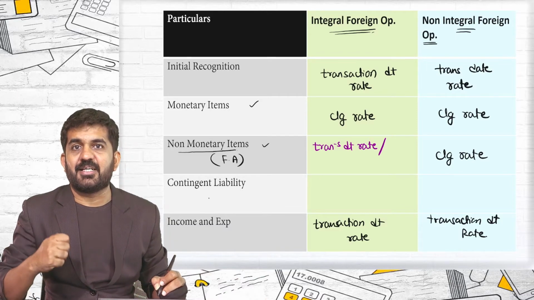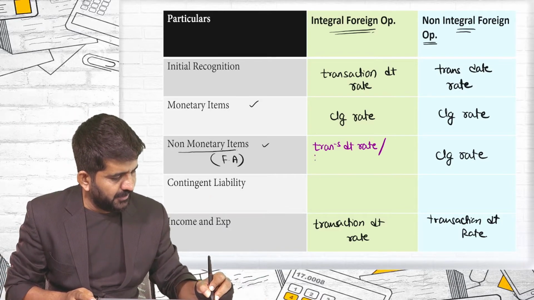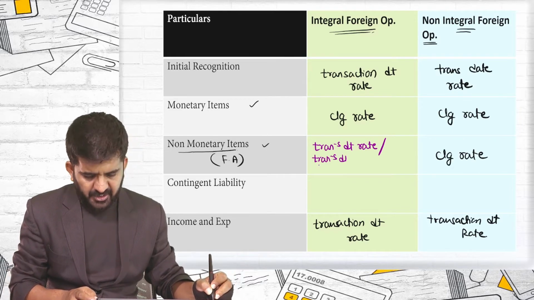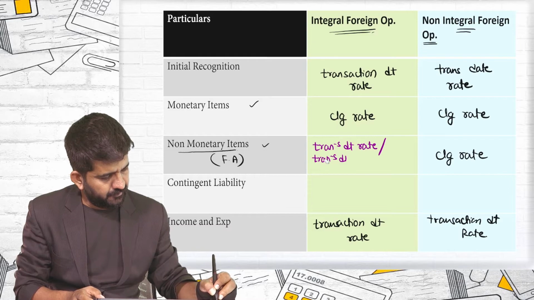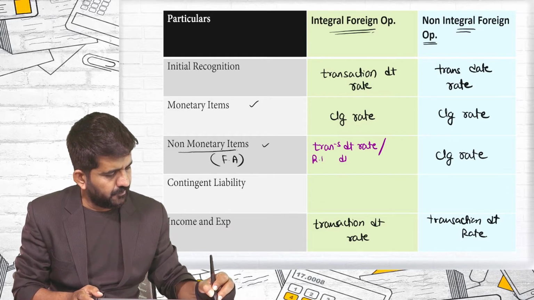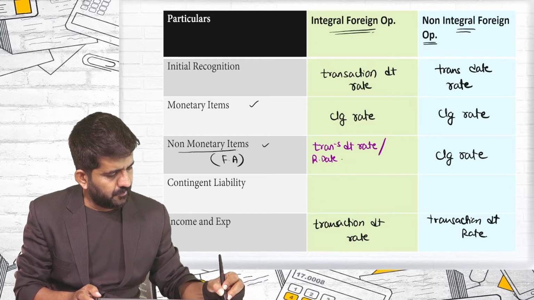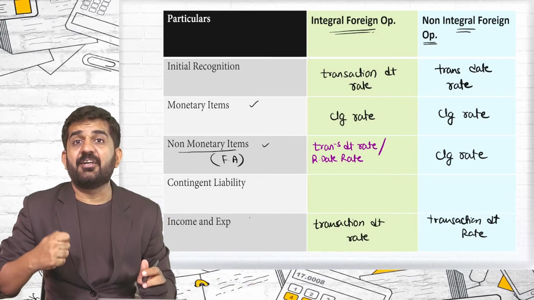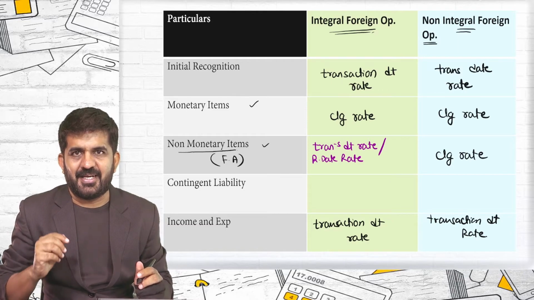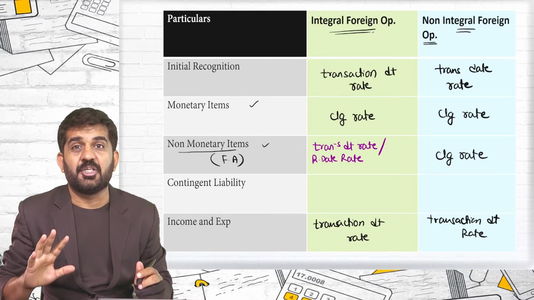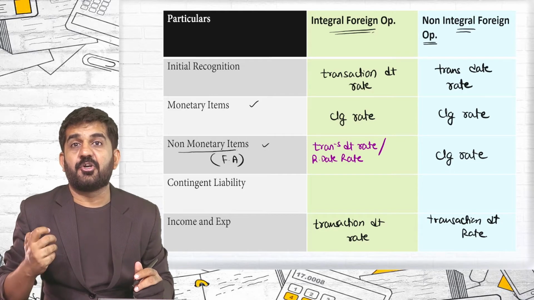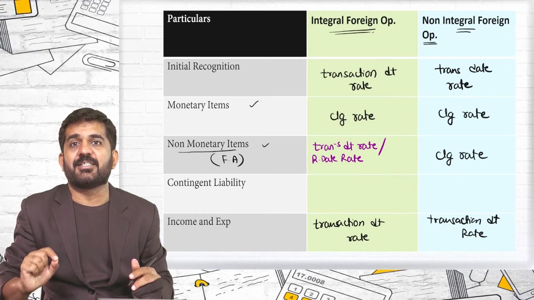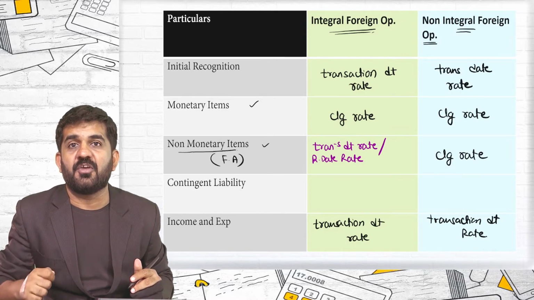If a fixed asset is revalued, then the transaction date or revaluation date rate. Practically, transaction date rate. Fixed assets, depreciation, all these will be converted at the transaction date rate and not at the closing rate, even if fixed assets are valued as on 31st March.